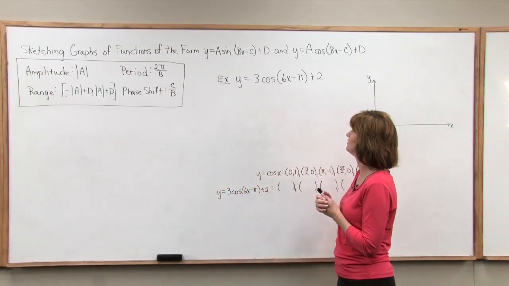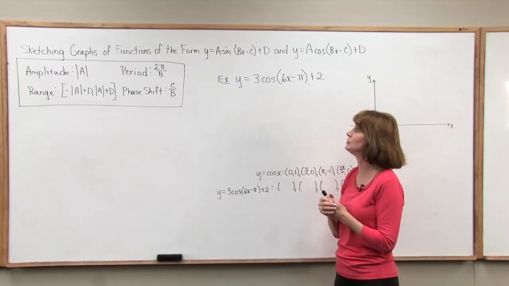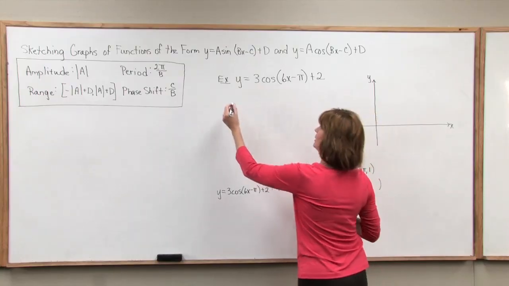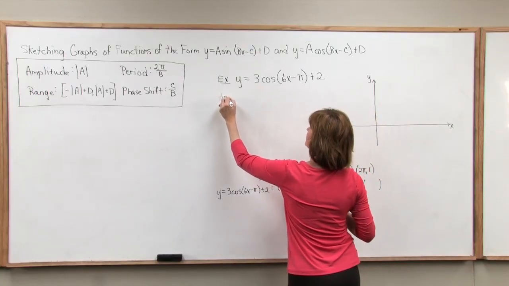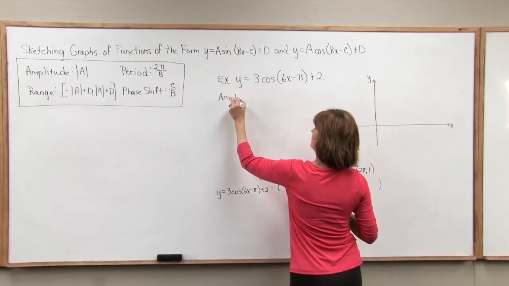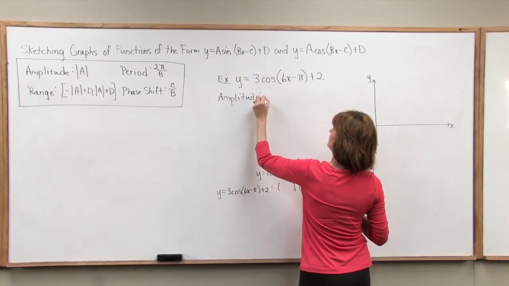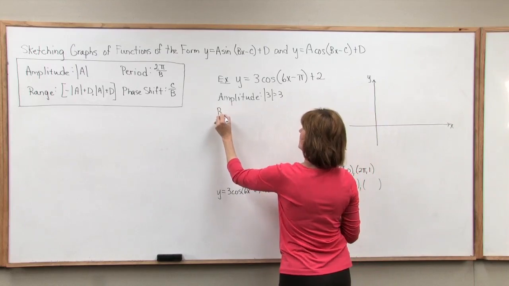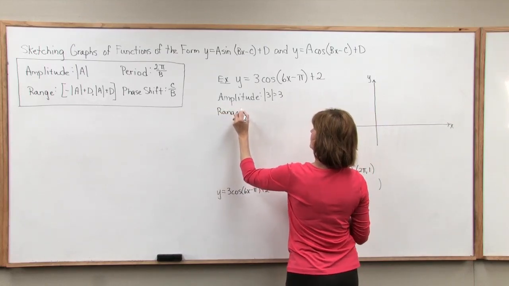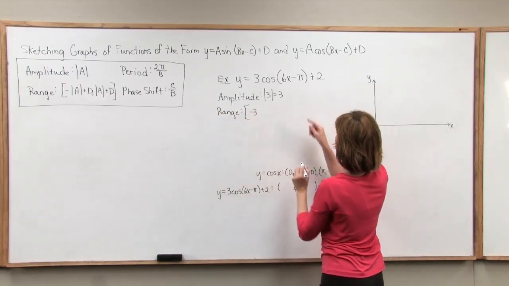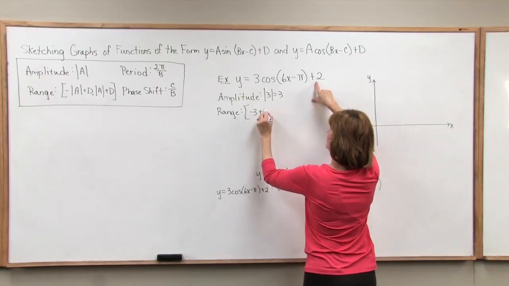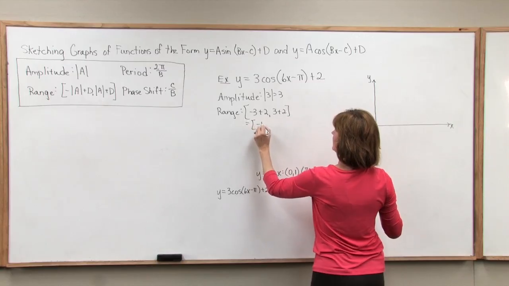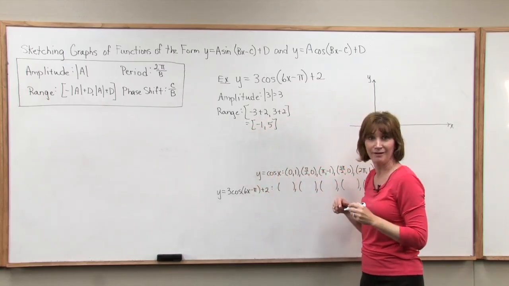I have y equal 3 cosine 6x minus pi plus 2. So here I can see that a is 3, so I know my amplitude is 3. Absolute value of 3 is 3. But what's the range? Well, remember the range is going to be negative 3, and then we have to add 2 to positive 3 plus 2, so the range is negative 1 to 5.